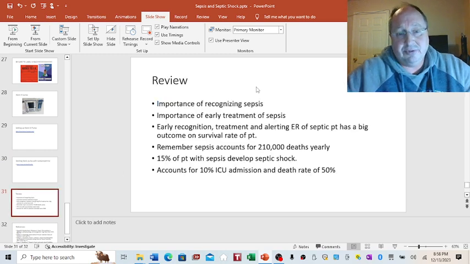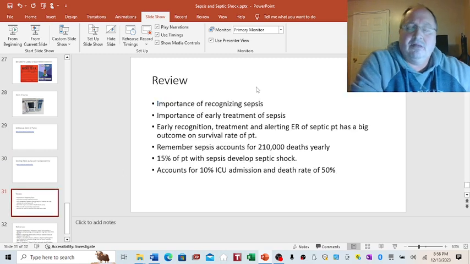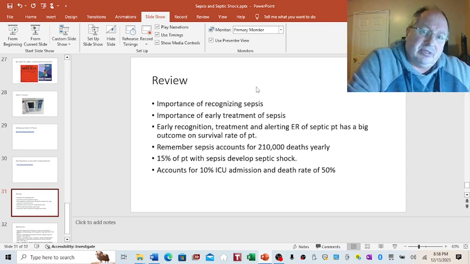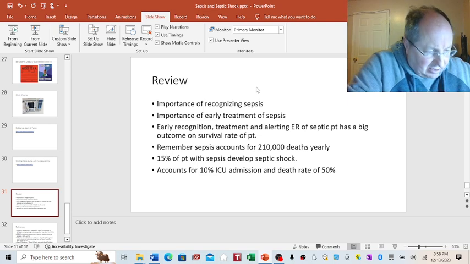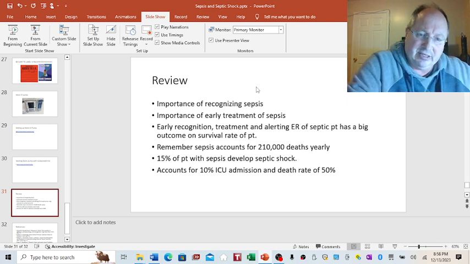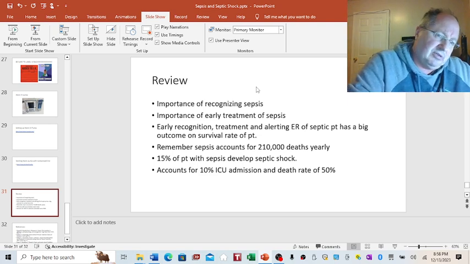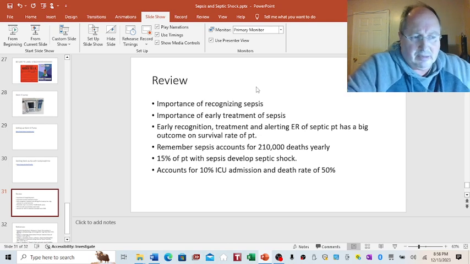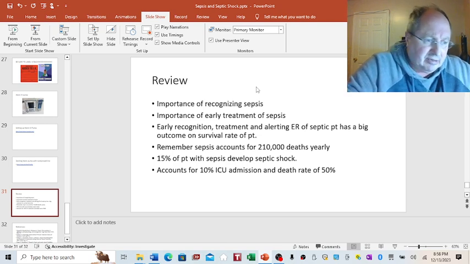So just to review, the importance of recognizing sepsis, and to recognize and get that early treatment going on these people, getting the fluids. If we're given saline, it tells you that a lot of places it's a 30 ml bolus per kilogram.